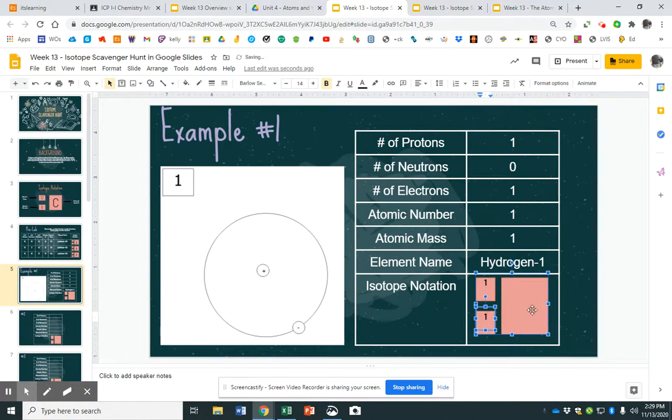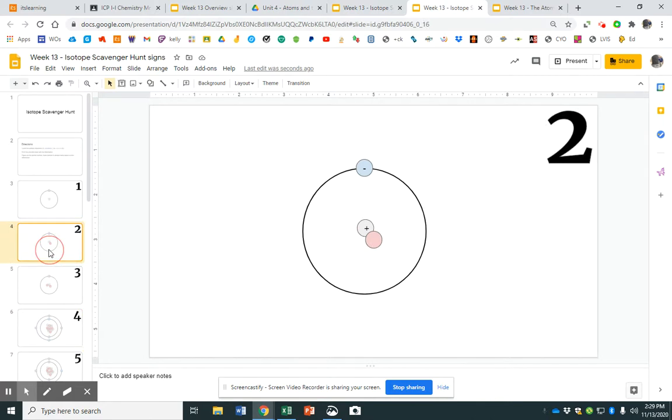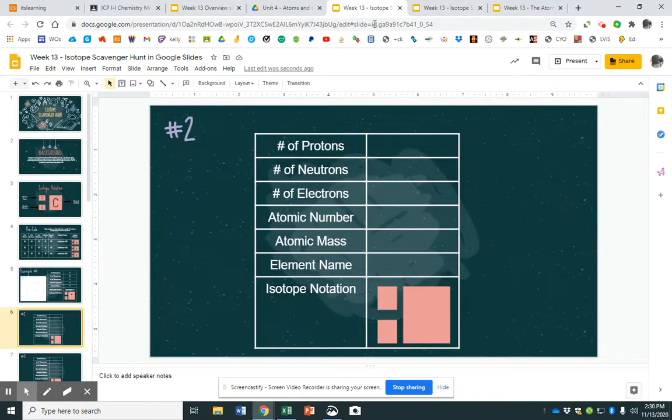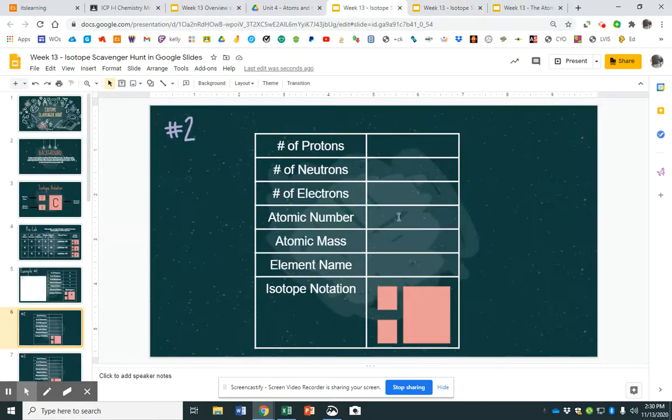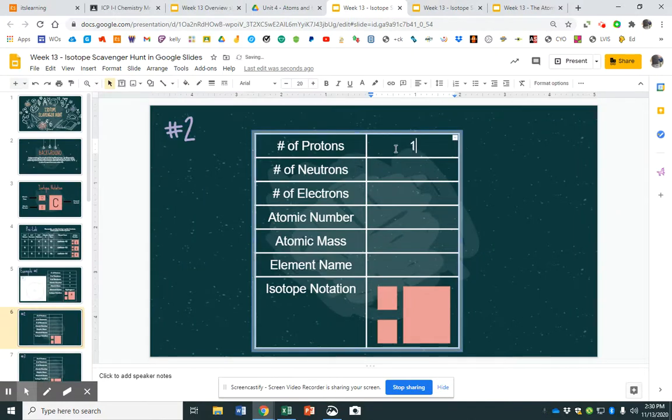Again, the mass number is 1. The isotope notation is 1, and it's capital H. Now you say, okay, here's number 2. So we're going to go to number 2. There's 1 proton, 1 neutron, 1 electron.